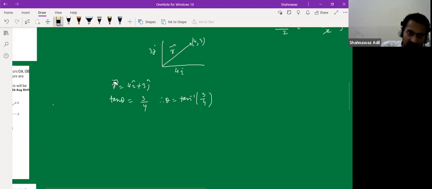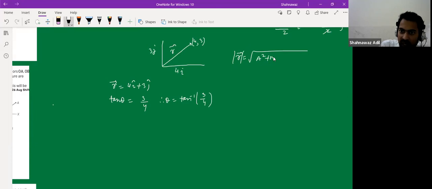Based on this, we have one question. And from the resultant of the vectors, we already know the resultant was the square root of a square plus b square plus 2ab cos theta, and the angle was b sine theta by a plus b cos theta.